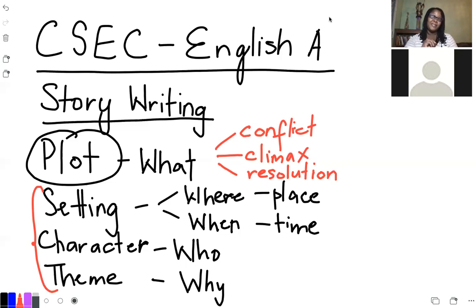And remember, from the CSEC perspective, you have roughly 400 to 500 words to impress the examiner. And you want to ensure that coming out of the gate, from the very beginning, that opening sequence grabs their attention, right?